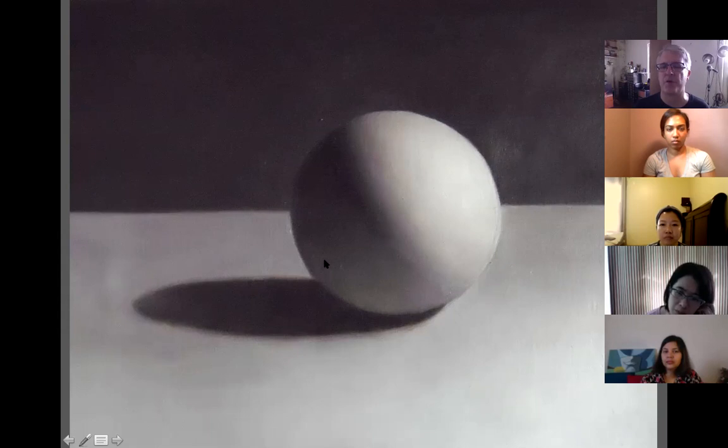Because what would happen is we would read this object as a white disk, because there would be very little transition of light and shadow from the light side, which are planes facing the light source, to the planes that have turned around in space away from the light source.